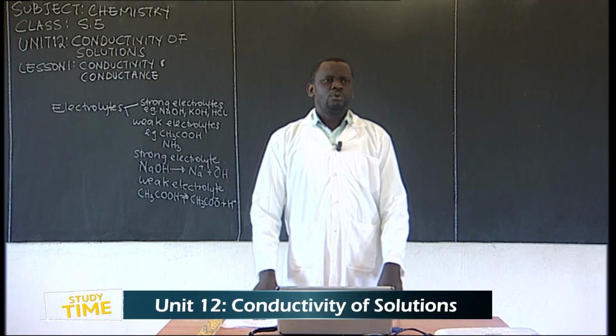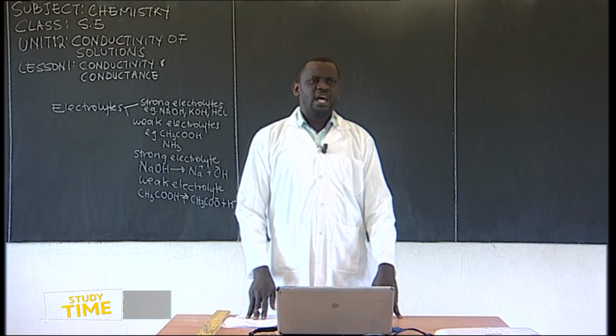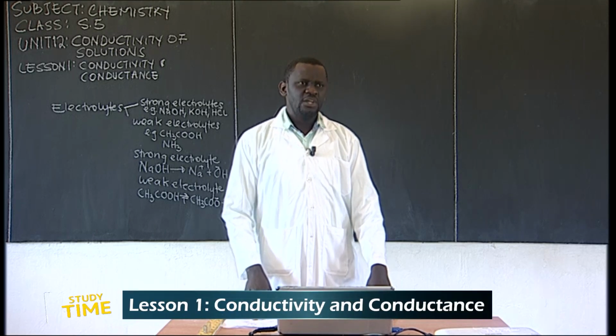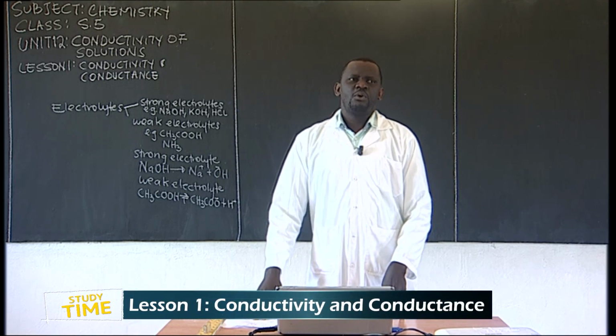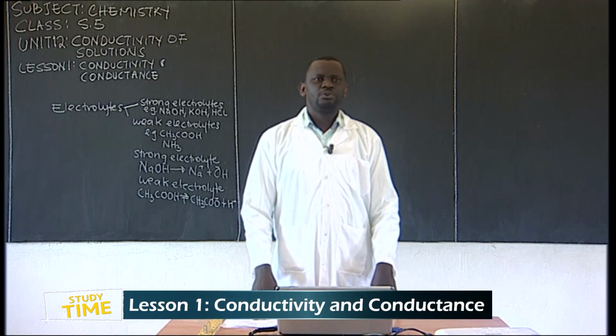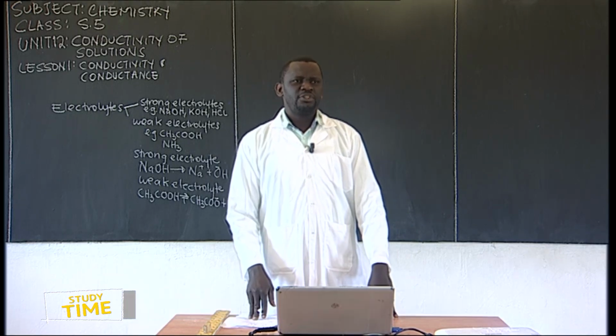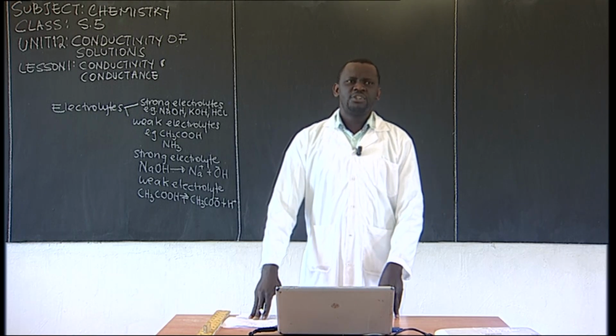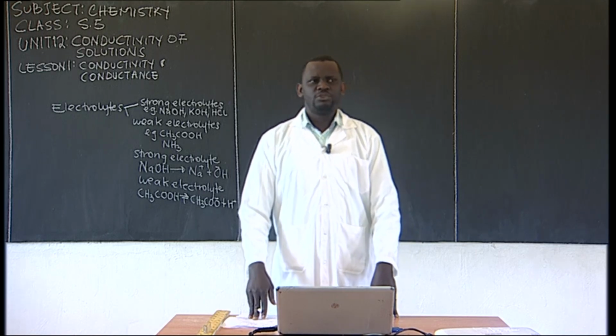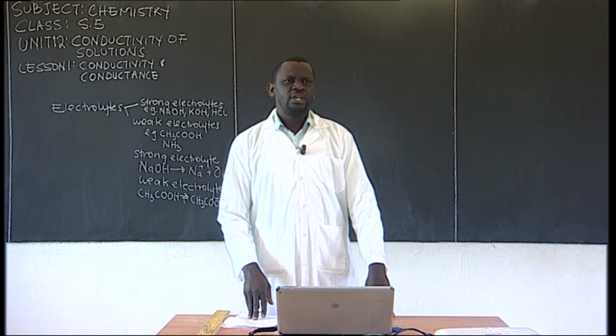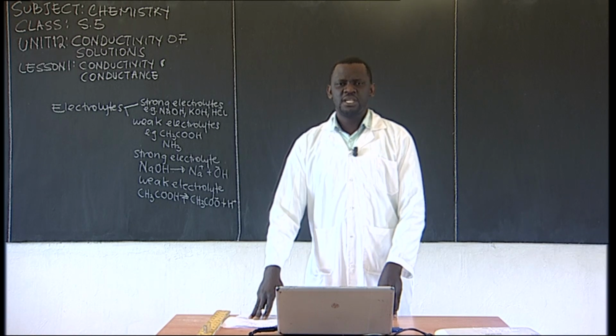So in this topic, as you've seen in our lesson objective, we basically deal with two terms: conductivity and conductance. Conductance of a material or solution is a property of materials due to which the material allows flow of ions or electrons through itself and thus conducts electricity.